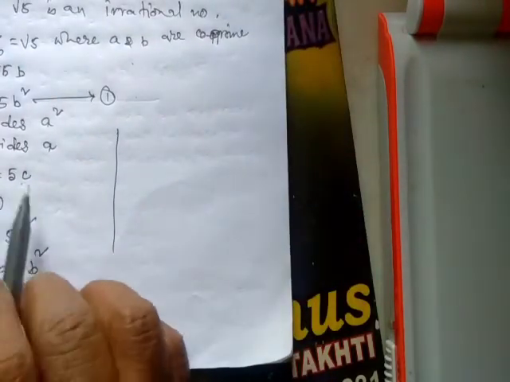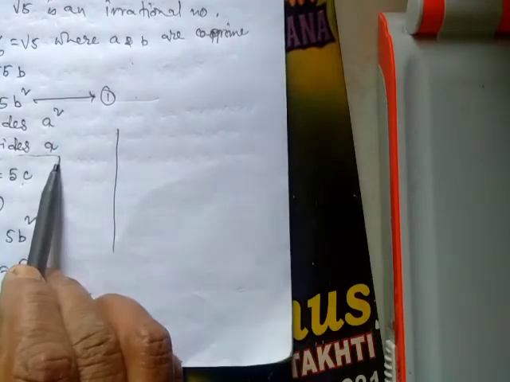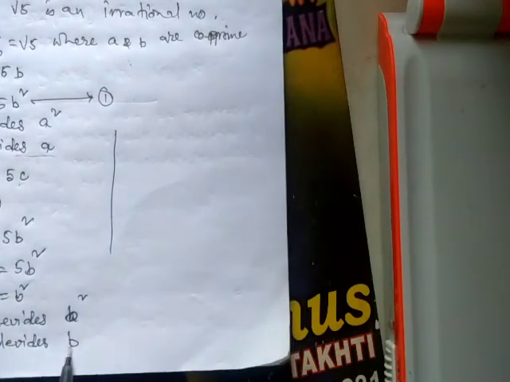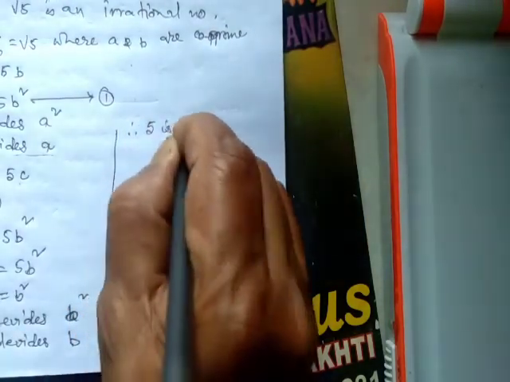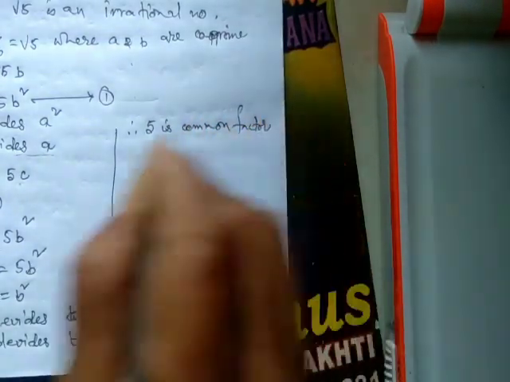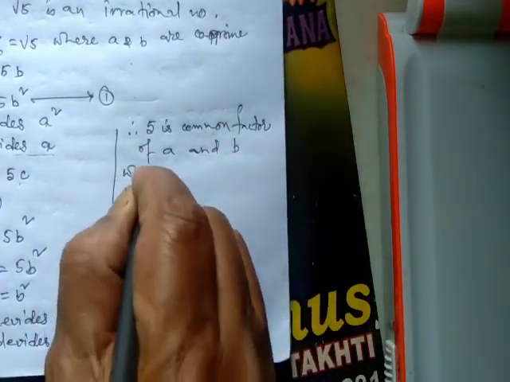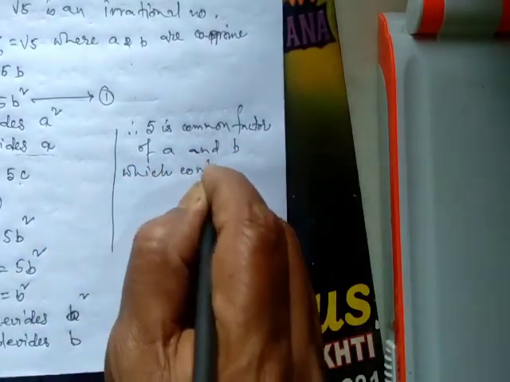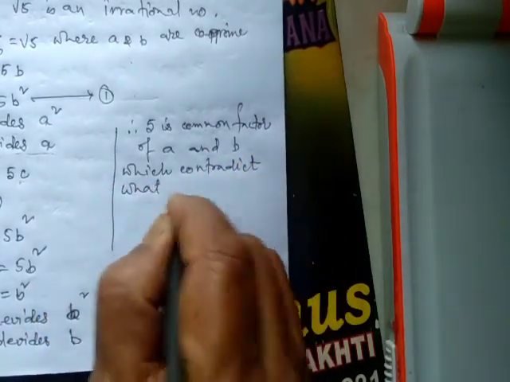Here you see 5 divides a and 5 divides b. Therefore 5 is a common factor of a and b, which contradicts what we have assumed.